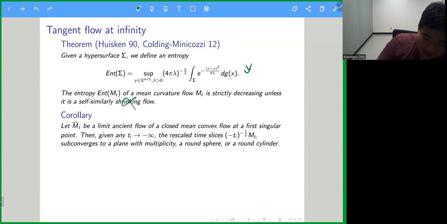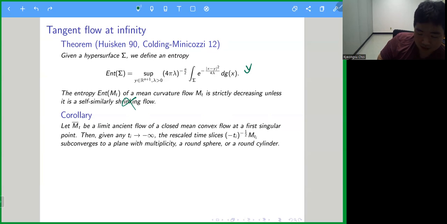This entropy is a sup over the rescaling and the choice of center for Huisken's monotonicity. Huisken's paper in the 90s shows a certain monotonicity for a functional looking like this entropy, the monotone functional, say energy. It is strictly decreasing unless it is a self-similarly shrinking flow centered at the given space-time center.